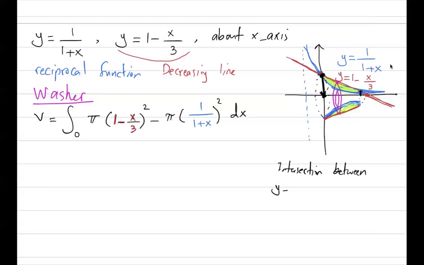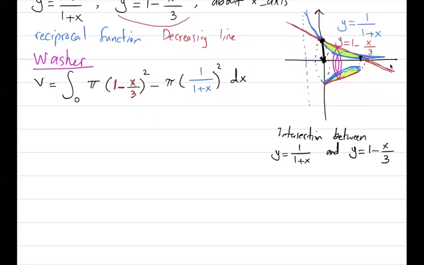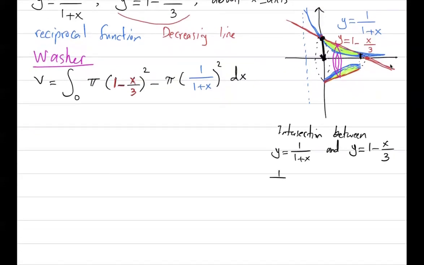between y equals 1 over 1 plus x and y equals (1 minus x) divided by 3 is 1 over 1 plus x equals (1 minus x) divided by 3. What you can do is multiply both sides by 1 plus x times 3.